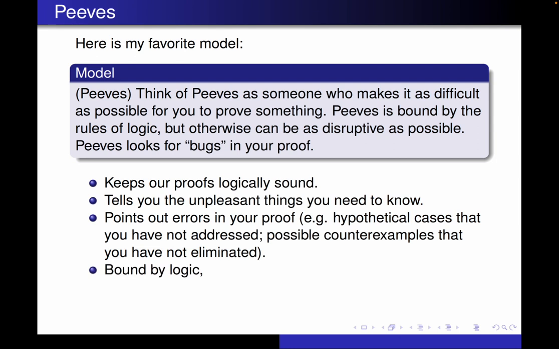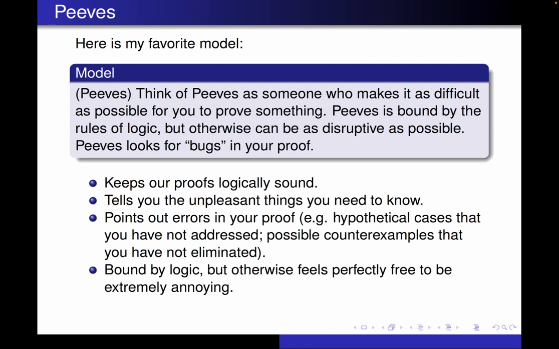And the most important thing is Peeves can't just be annoying to be annoying. It's got to be bound by logic. It has to be some sort of logical issue. But other than that, perfectly free to be extremely annoying. Not mean, though. Playful, maybe a little teasing, but not mean-spirited.